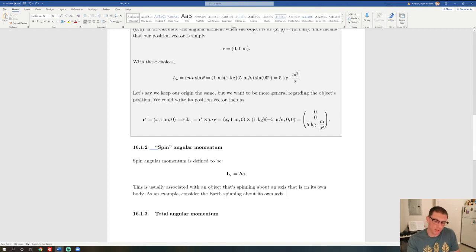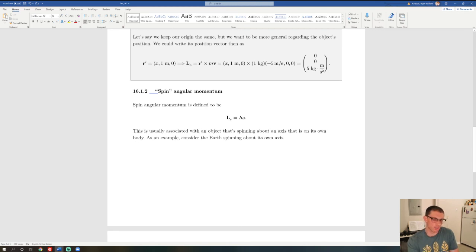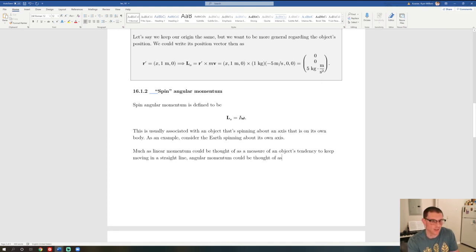And so I just want to say something conceptually about angular momentum in general. Much as linear momentum could be thought of as a measure of an object's tendency to keep moving in a straight line, and this also kind of comes back to Newton's first law, we could say that angular momentum could be thought of as a measure of an object's tendency to keep rotating.